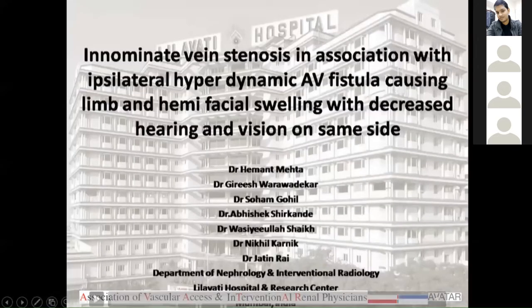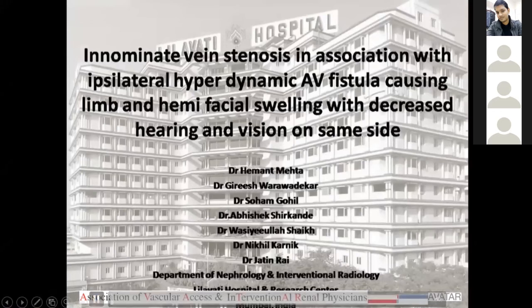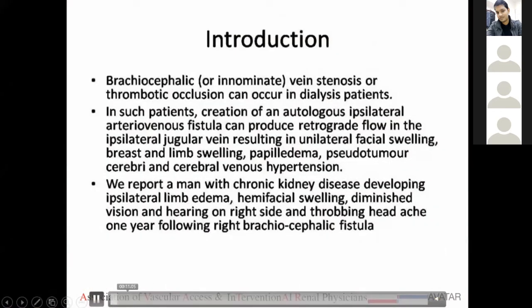So let's take the example of this case, which was presented at the ASDIN meeting in the form of a video. I would like you to go through it. This is a patient who developed central venous stenosis with various other problems. He came with ipsilateral limb edema, hemifacial swelling, diminished vision, decreased hearing on the right side, and throbbing headache, and this was 1 year after undergoing fistula.